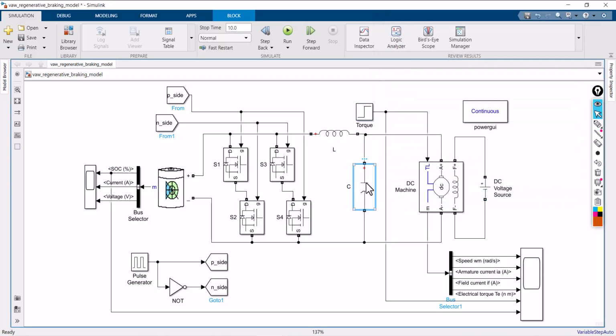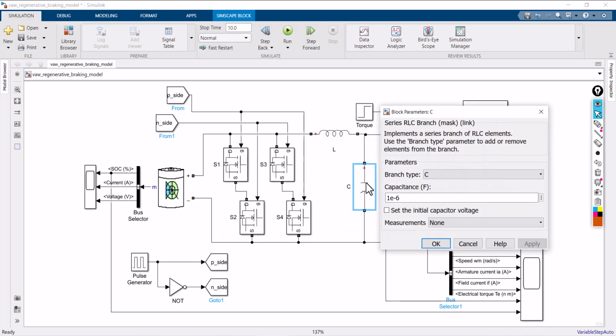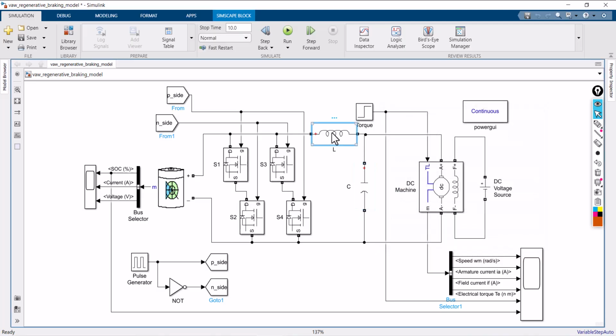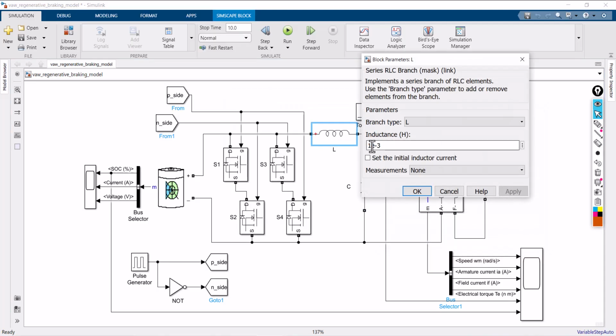The capacitor filter value I'm choosing is 150 microfarad, and the inductor value is 5 millihenry.